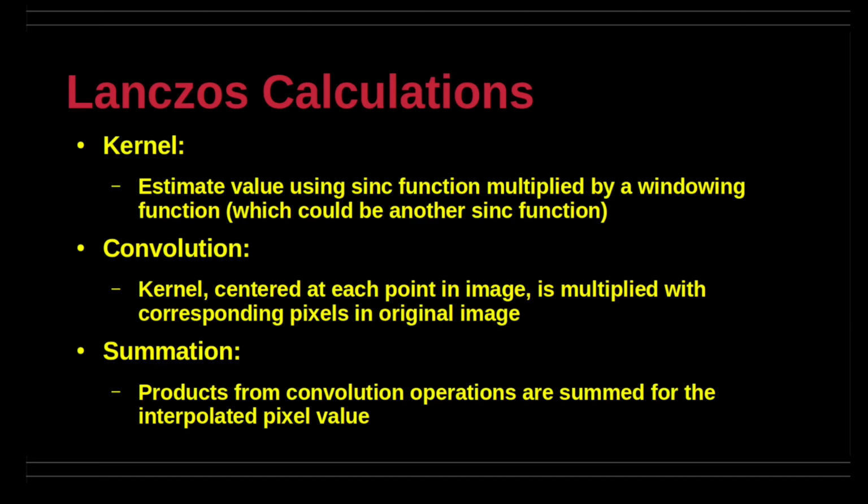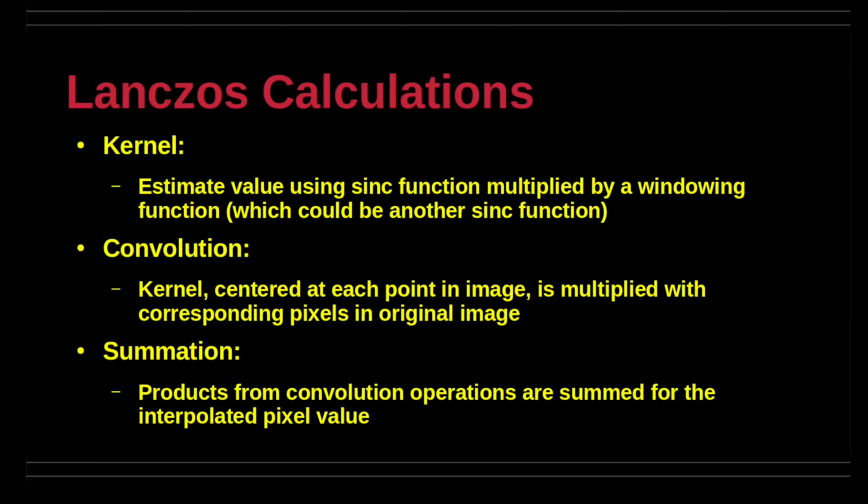Lanczos interpolation uses a larger neighborhood of pixels compared to other methods, leading to better results. The Lanczos kernel has a smooth and oscillatory nature, which helps to reduce artifacts. However, with the more complex calculations, it is computationally more expensive.